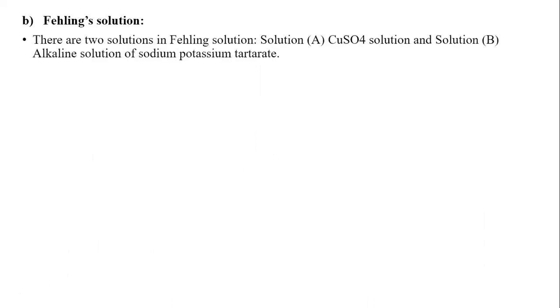Fehling solution. Fehling solution is prepared from two solutions, Fehling solution A and Fehling solution B. Fehling solution A is an aqueous solution of copper sulfate, and Fehling solution B is the alkaline solution of sodium potassium tartrate.